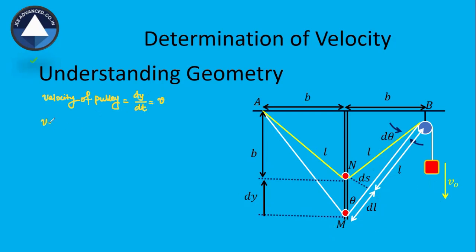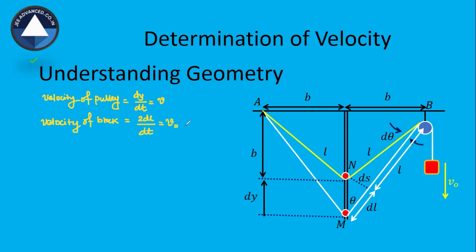And at the same time, the velocity of the block, you have seen, since the block moves down by a distance 2dl, is equal to 2dl upon dt, and it is given by v naught.